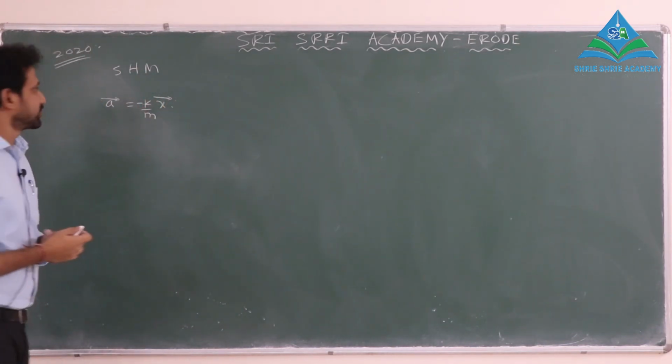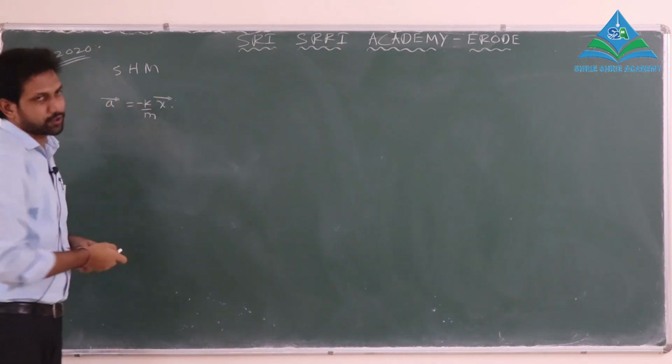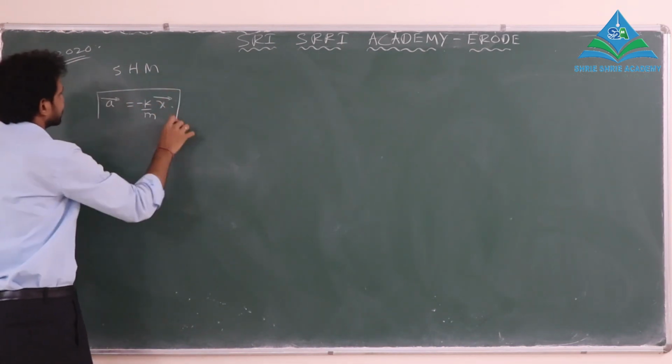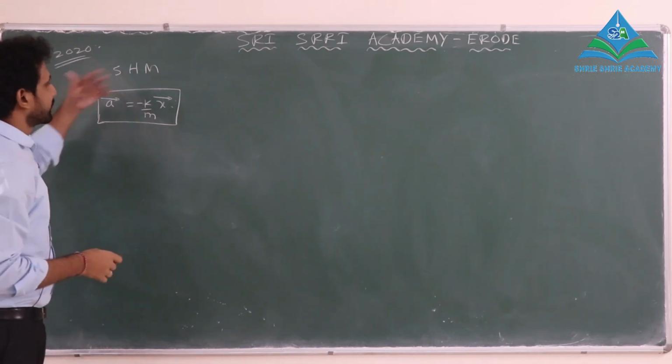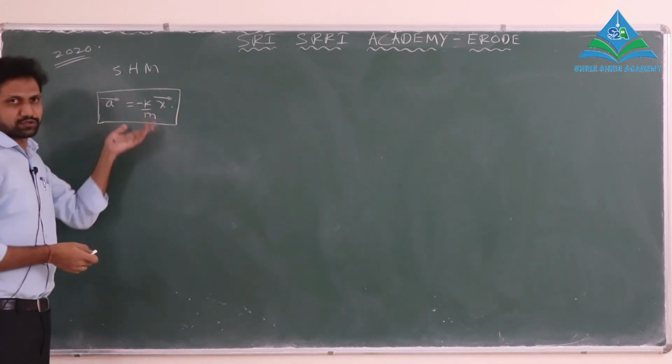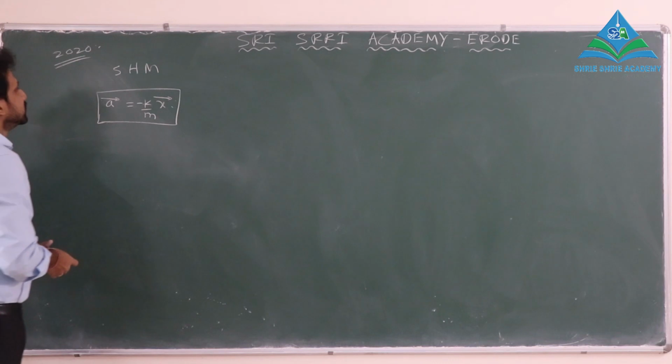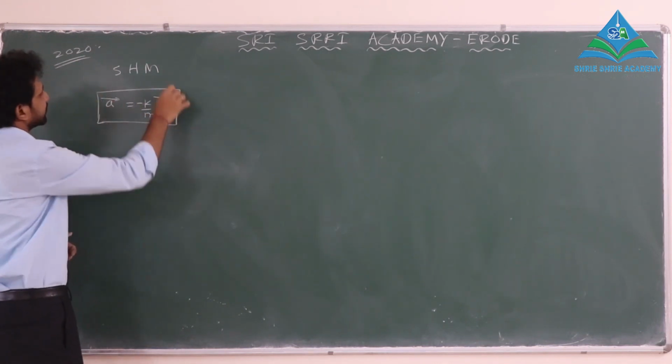having this relation: A bar equals minus K by M into X. Everyone will see this if you are preparing for the NEET examination. Based on this statement you can answer the question.